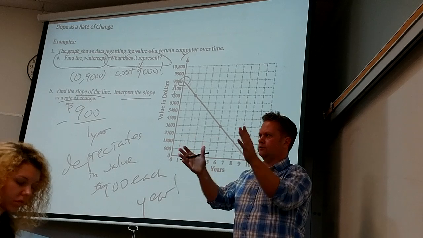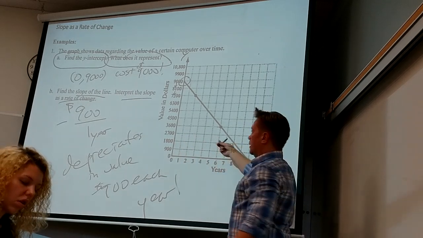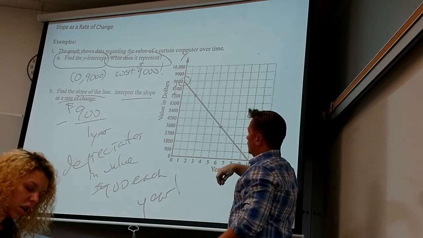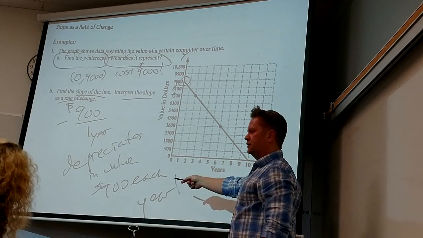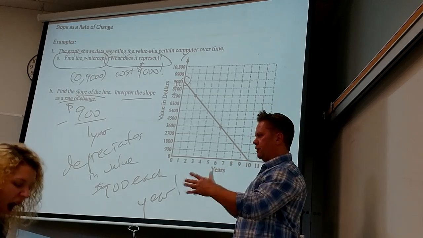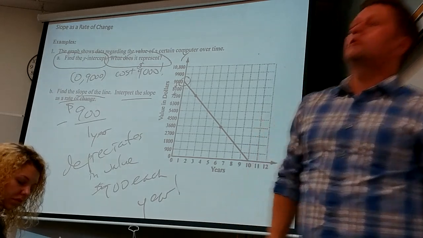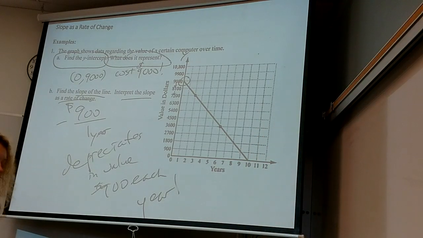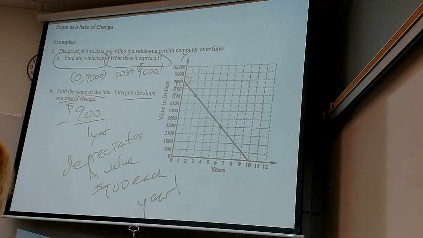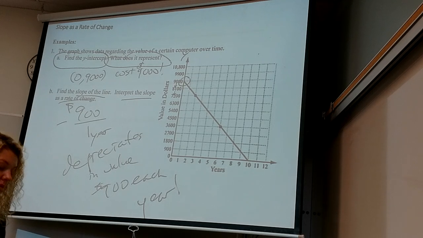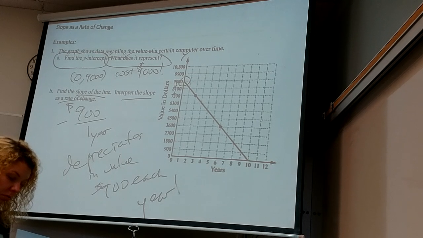That's the great thing about slope of straight lines. Tell me physically what it means. So find the slope, bam. Interpret the slope, bam. I like it.